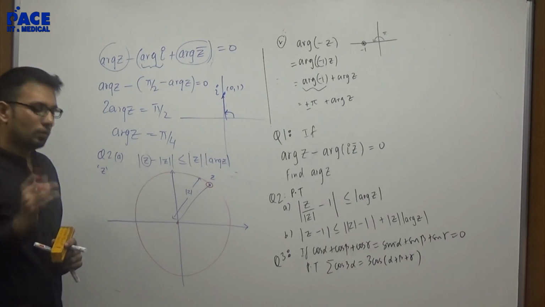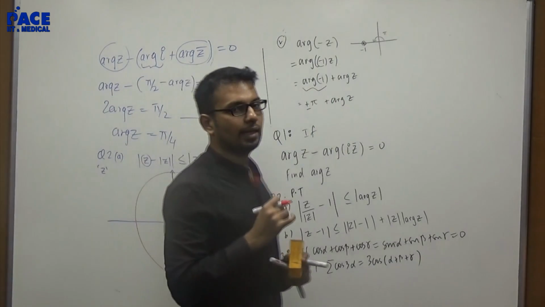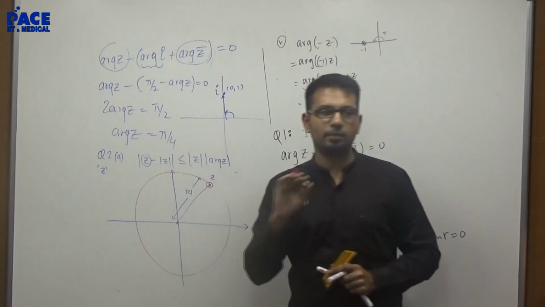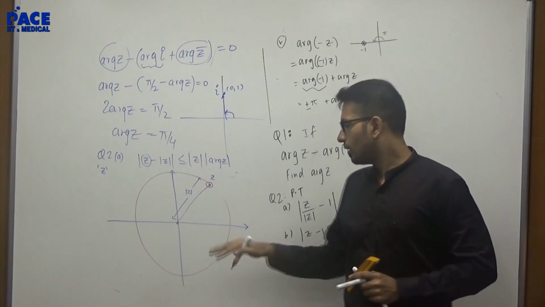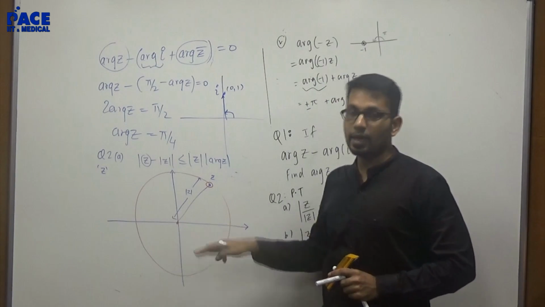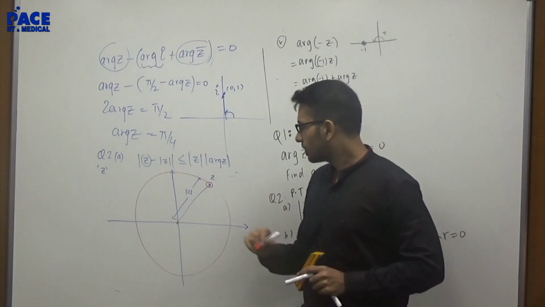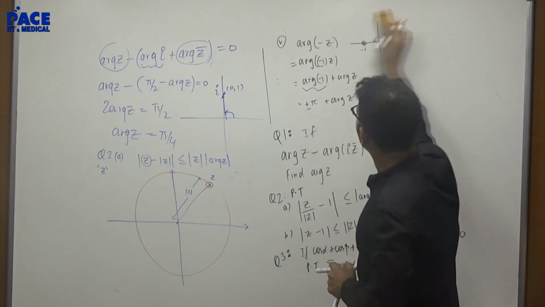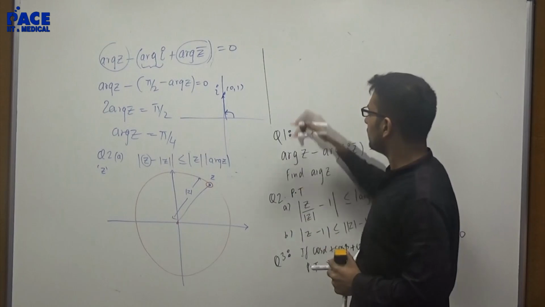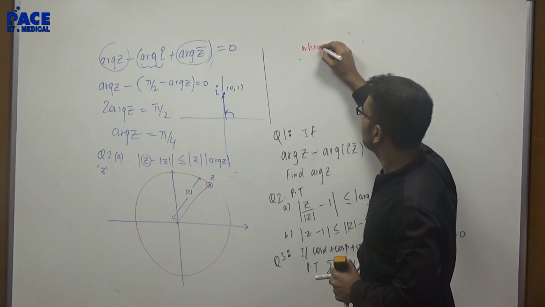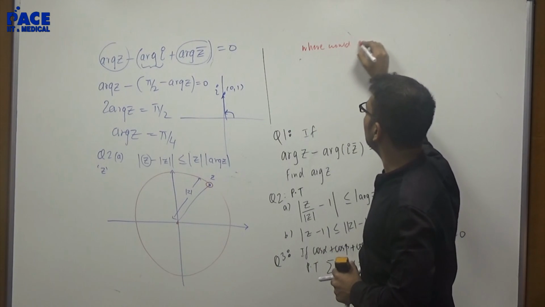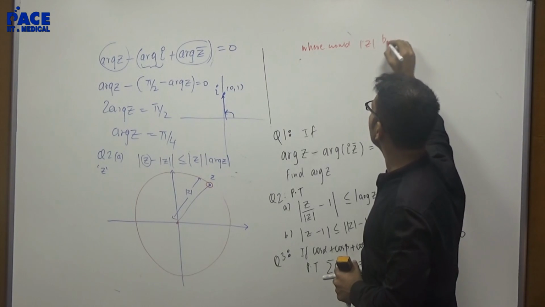अच्छा एक बात बताओ, real numbers कहाँ पे होंगे? इस plane में real numbers कहाँ पे होते हैं? On the real axis. ठीक है? Positive real numbers कहाँ होते हैं? On the positive real axis. Okay. Can you tell me where would the number mod z be?